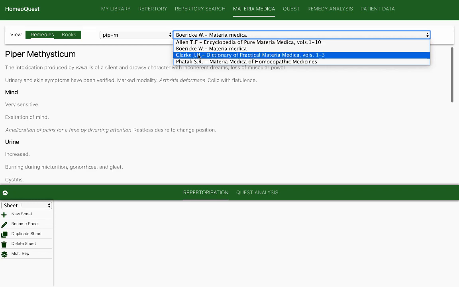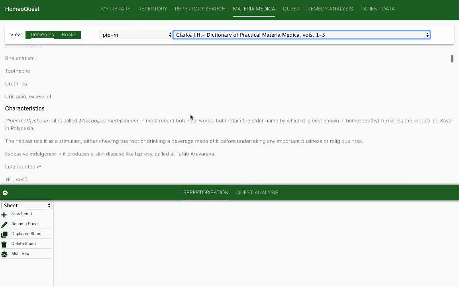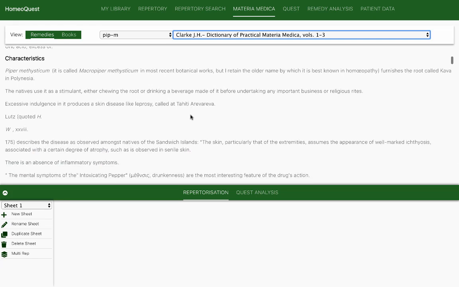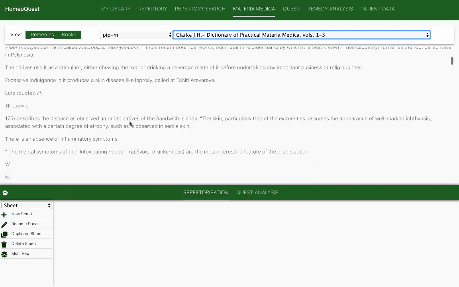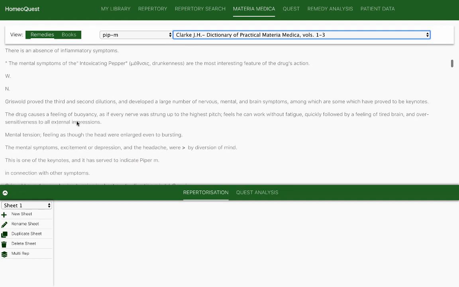If you read in Clarke, there are a lot of clinical symptoms there. Not many people have used it a lot, but as you read a bit more, this drug causes a feeling of buoyancy, as if every nerve was strung to a high pitch, feels he can work without fatigue, but it's quickly followed by a tired brain fag, and oversensitiveness. So it's like an intoxicant.